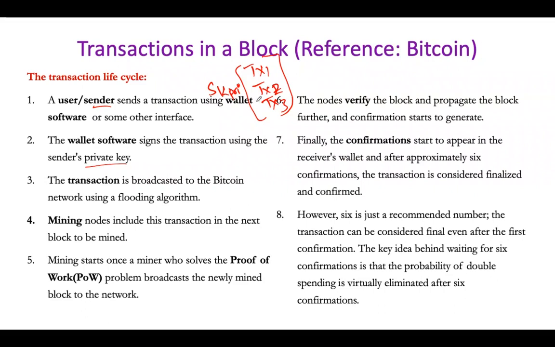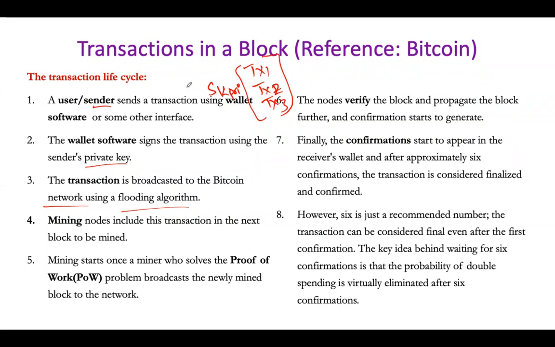That digital signature will be broadcasted in the Bitcoin network. The transaction is broadcasted in the Bitcoin network by following some flooding algorithms, network algorithms. Once those transactions are flooded, if the miners want to get any rewards, they can act as a miner. So the mining nodes can include these new transactions.